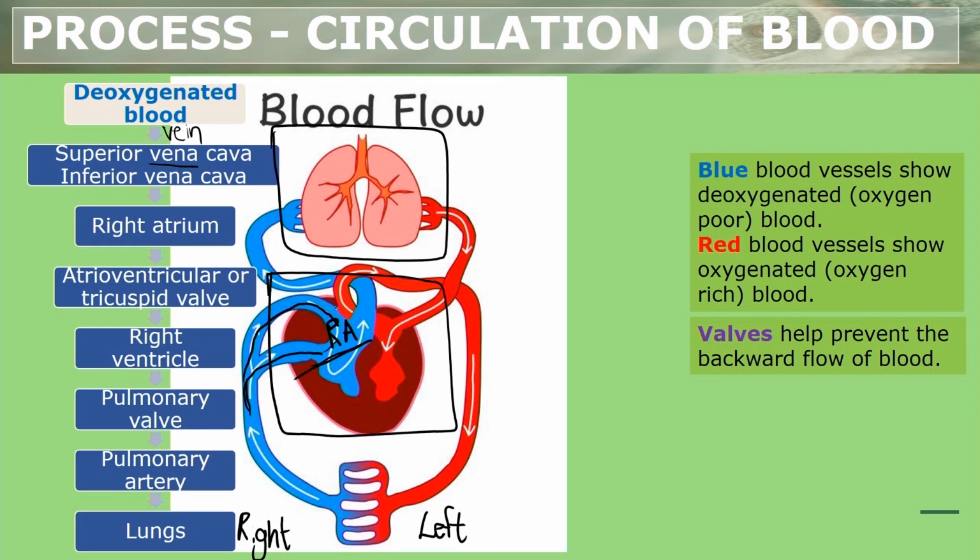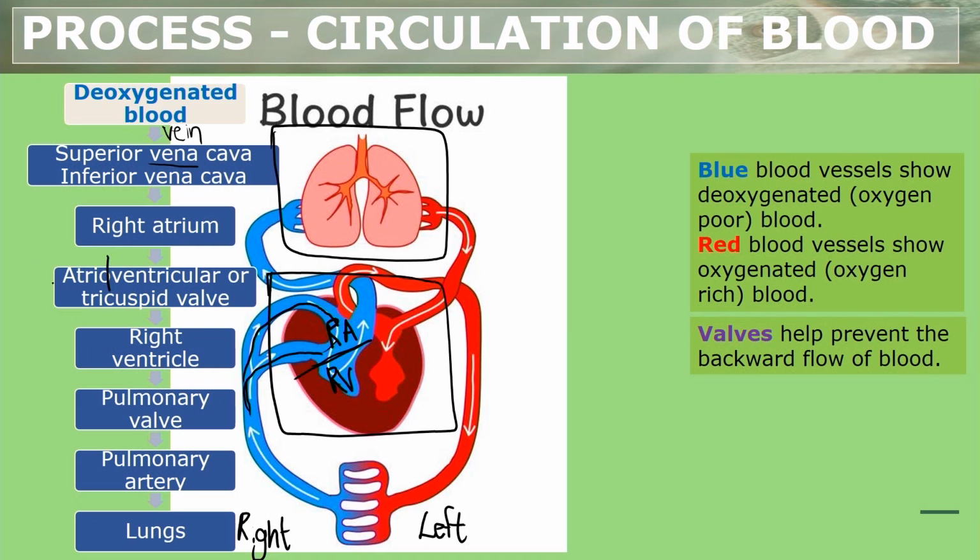Okay, now once the deoxygenated blood is in the right atrium, it has to move to the right ventricle. But in moving from the right atrium to the right ventricle, it passes through a valve called the atrioventricular valve.